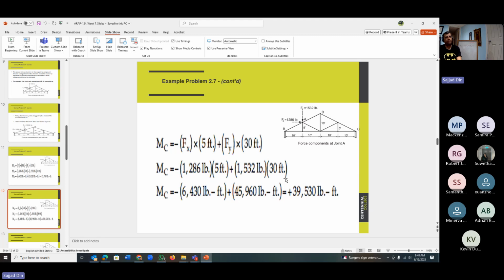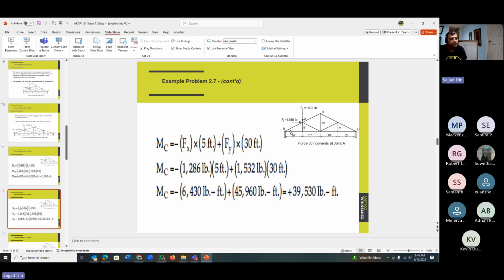Same thing for C. We talked about it earlier. So Fy around C is counterclockwise. It's going to be positive. Just think about how it rotates around. Just imagine how it's going to be going around. You have to consider it logically in your head.